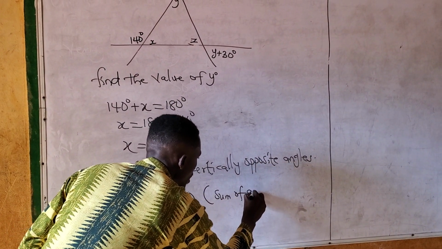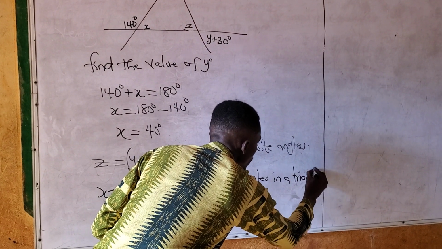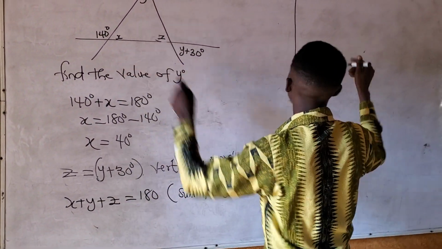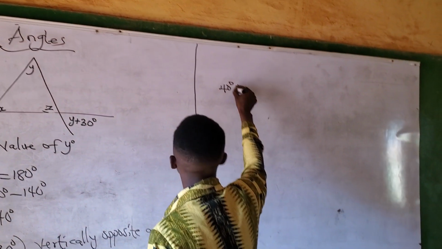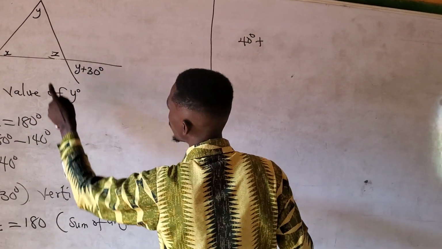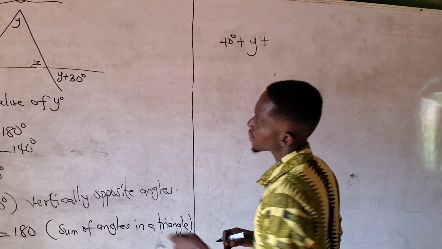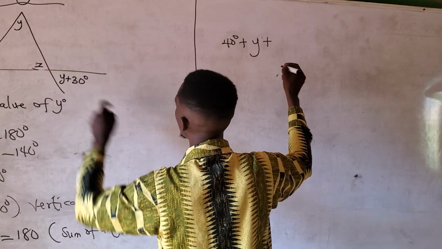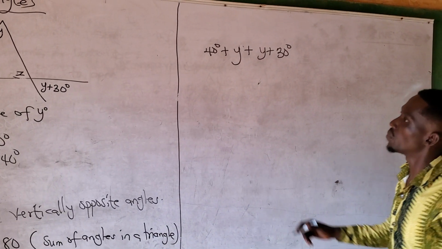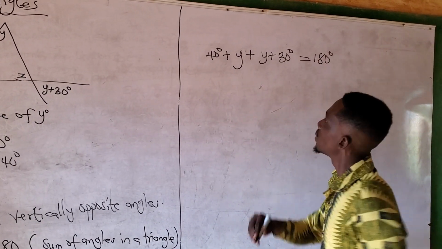So we have the value of x as 40 degrees, plus the value of y, which we don't know, so we have y degrees, plus z, that is y plus 30 degrees. So we have x plus y plus z equal to 180 degrees.